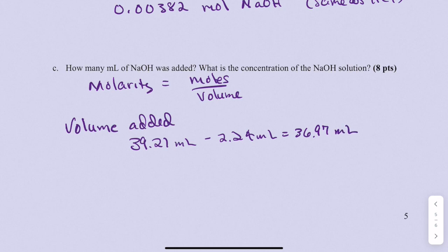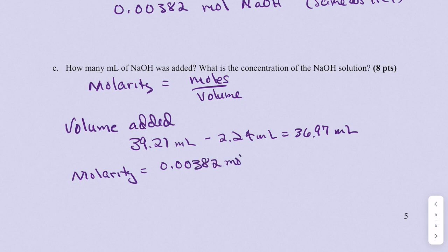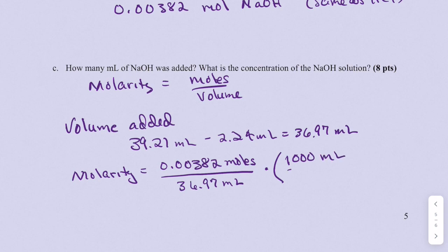All right, very good. All right, so now we just figure out the concentration. We take our moles, 0.00382 moles divided by 36.97 milliliters. Now, we do need to make our unit conversion to liters in order to get molarity. So we use our relationship 1,000 milliliters per 1 liter.